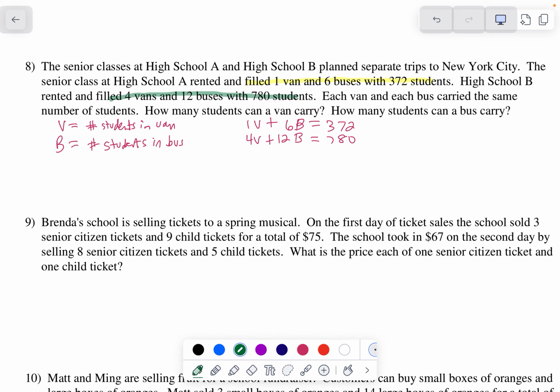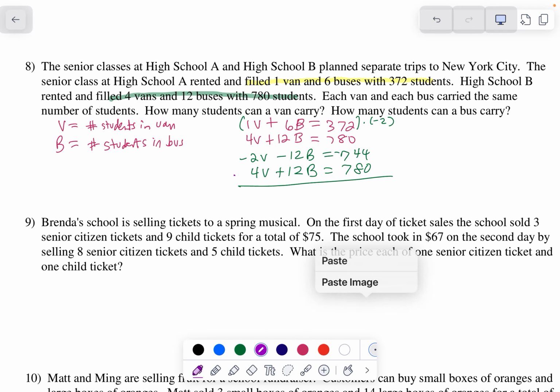So I need to multiply through by -2 to make that not only a 12B, but a -12. Okay, so let's go ahead and multiply that through. So we get -2V, -12B, and -744. I'm sorry about that. Okay, and then the last equation, we're not changing. 4V plus 12B equals 780.